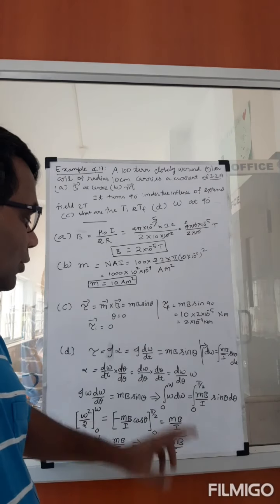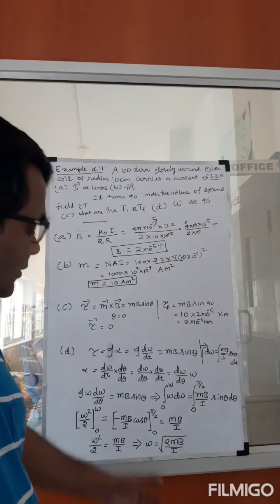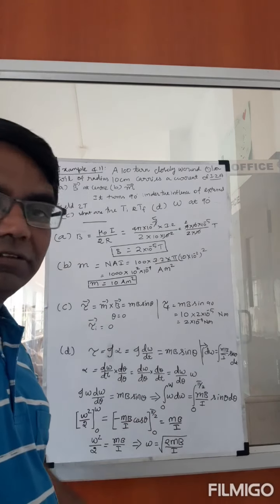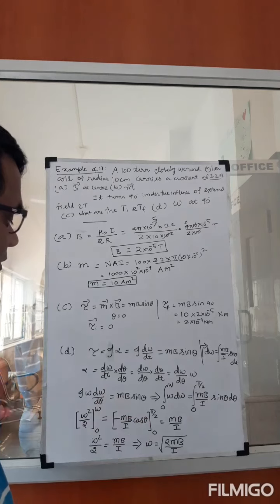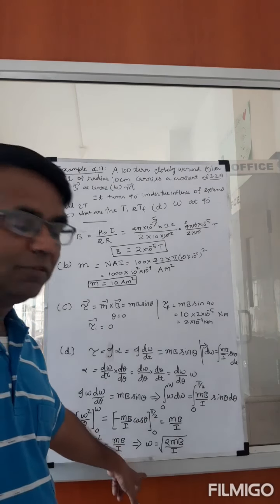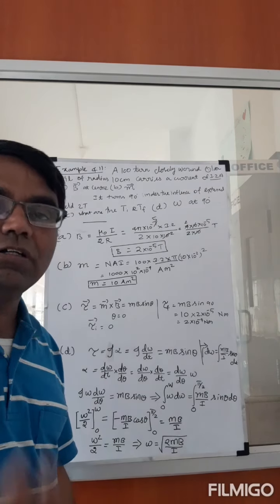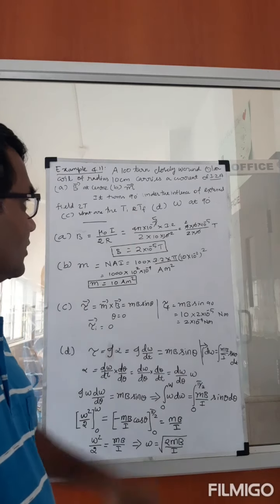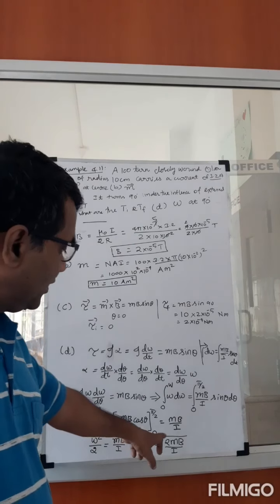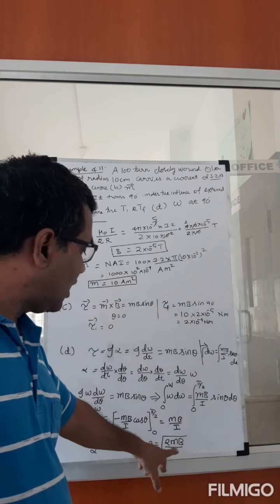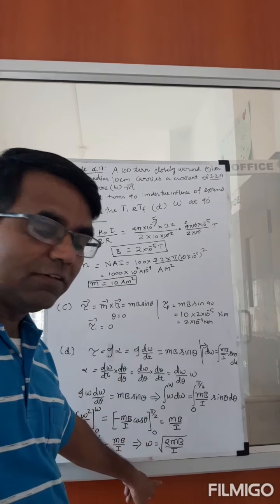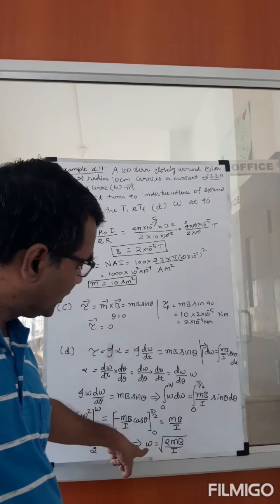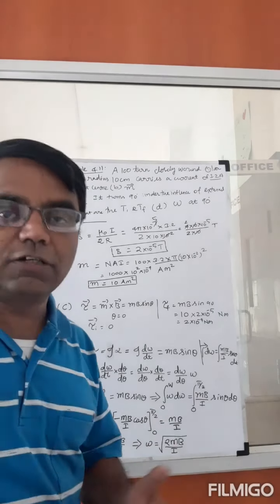So you plug in that number and you will be able to get the value of omega. The I value is given in your problem itself, which I have not taken down here. So m you know, B you know, I is in the problem itself. Plug in those values, you will get omega. This is how you do it.